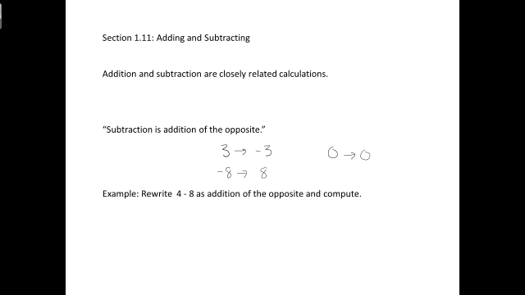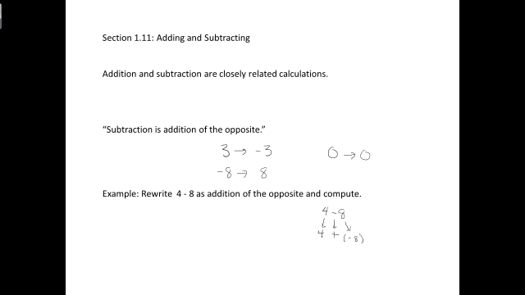Example, rewrite 4 minus 8 as addition of the opposite and compute. What does this mean? Well, we're starting off with this thing called 4 minus 8. And the idea is that we want to rewrite this as addition of the opposite. The first number stays the same. The subtraction sign turns into addition. And then the 8 turns into negative 8 because that's the opposite.